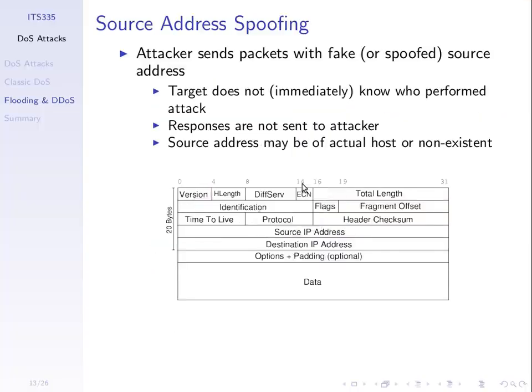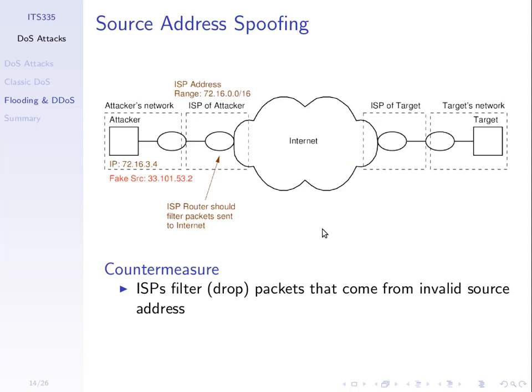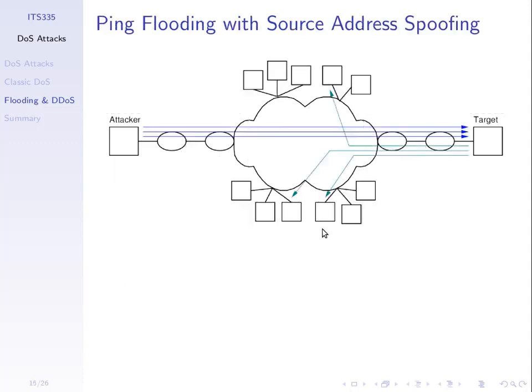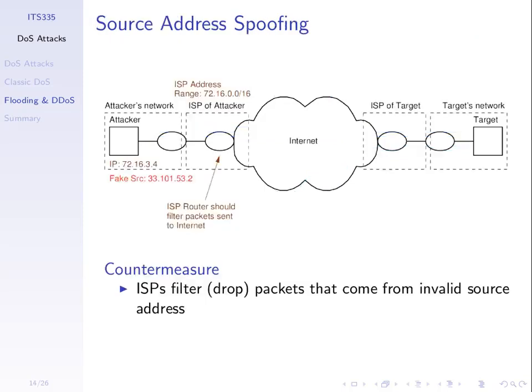So let's see that on our attack. The idea is that our attacker now, whenever it sends a ping packet, it sets a fake source address. And it changes that source address on a regular basis.